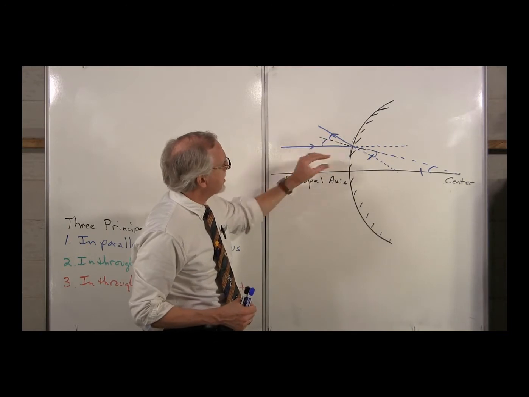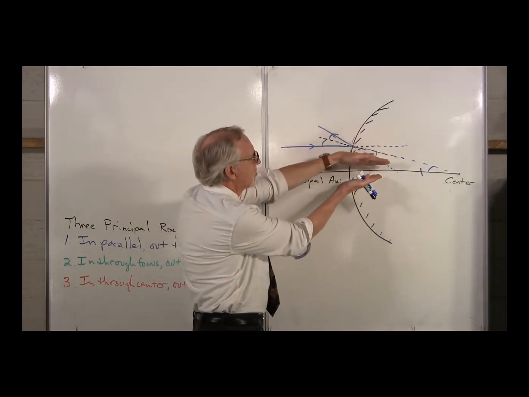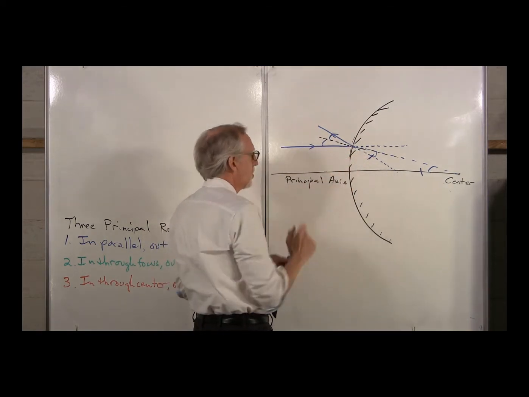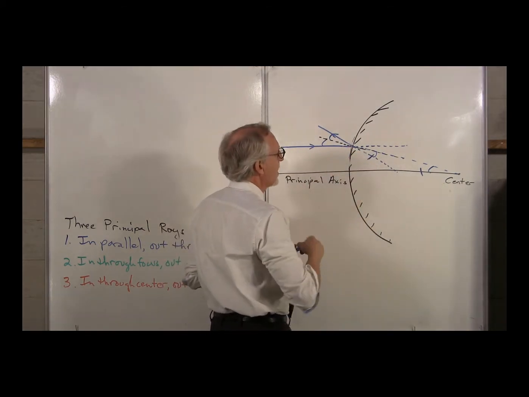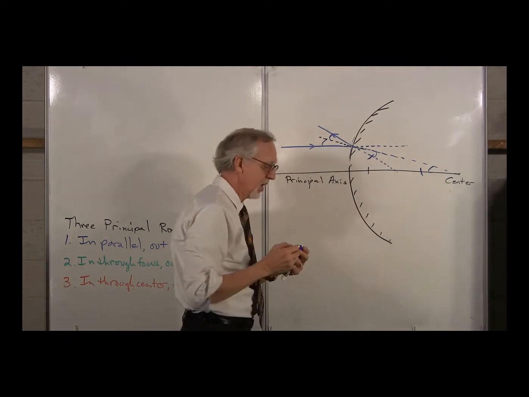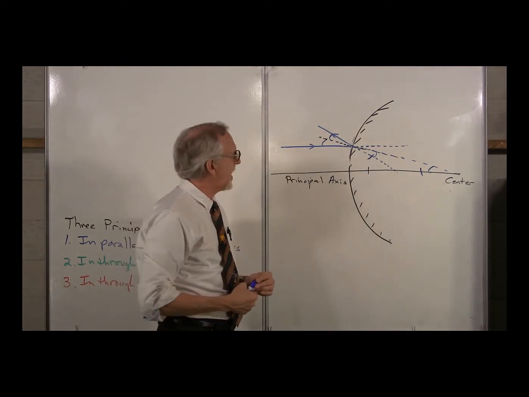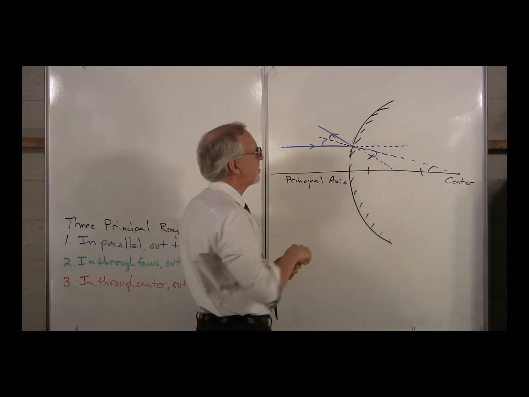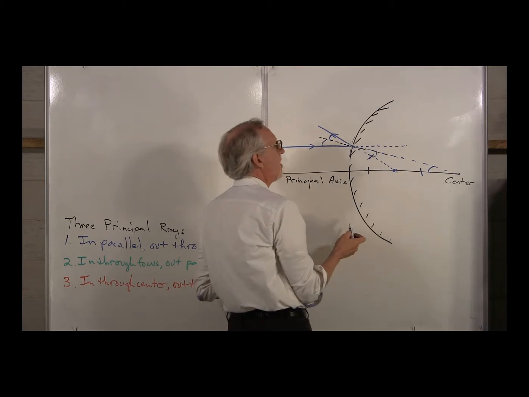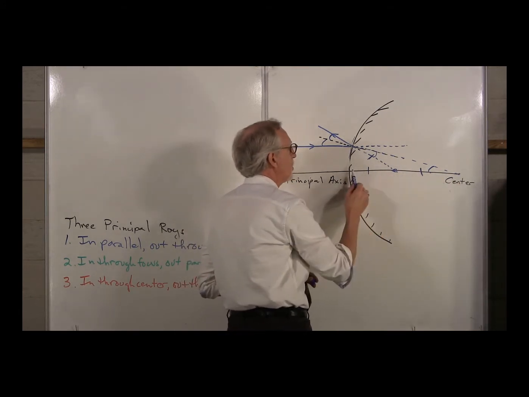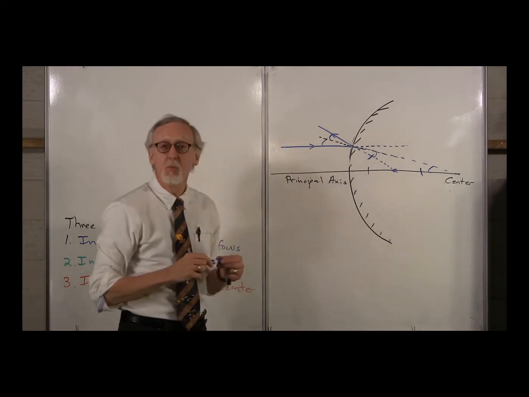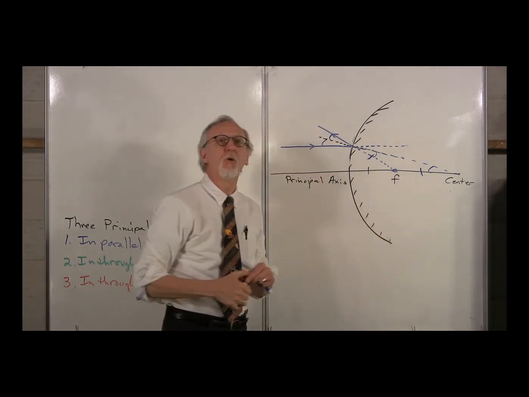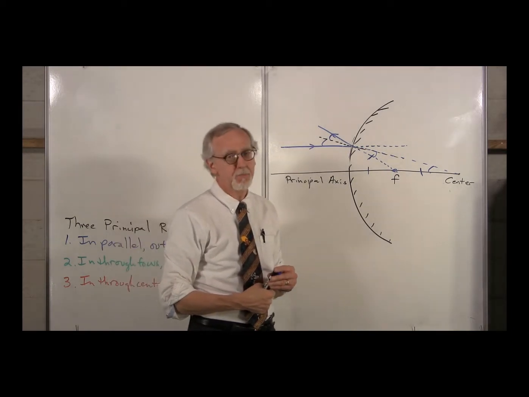We're going to make that approximation, which means this triangle is very, very small, which means this side of the triangle is very short, which means this length is very, very close to that length, which is the approximation we're going to make. That tells us that this length is the same as that length, which means this point is very close to the midpoint between the center and the mirror. And once again, we're going to call that the focal point or the focus for our convex mirror.